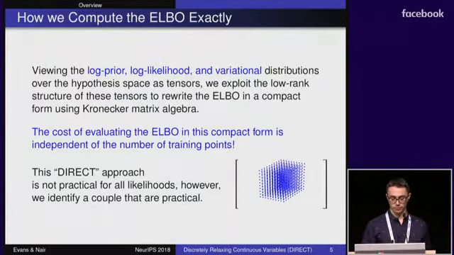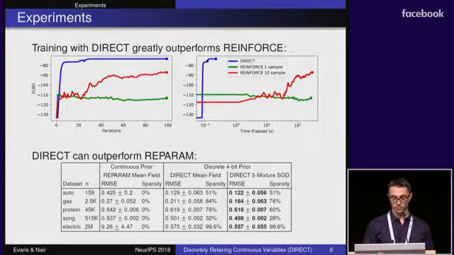And what we find is that often on many experiments, the direct model can outperform the continuous model with reparameterization on many data sets, both in terms of training time and test performance. And in addition, we have the advantage that our posterior samples are sparse and low precision quantized integers.